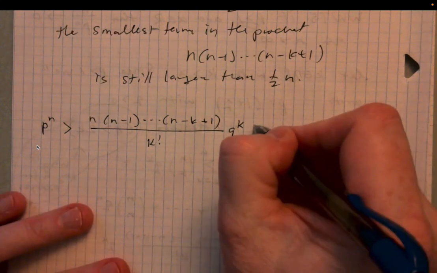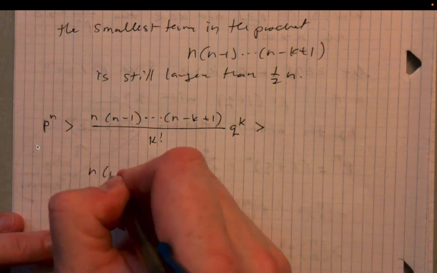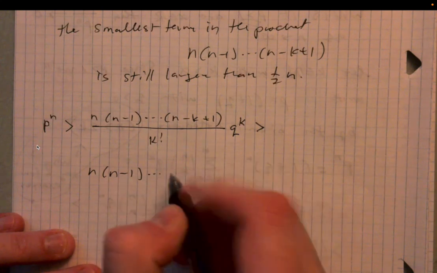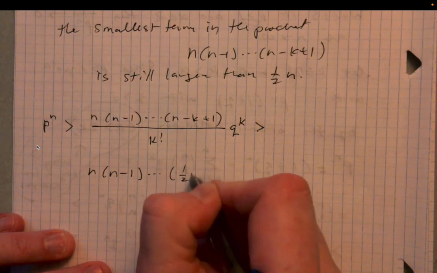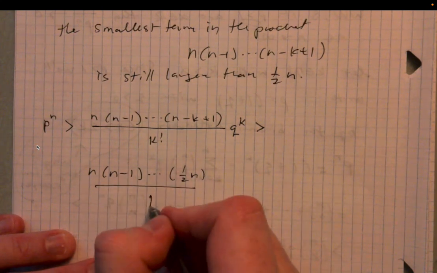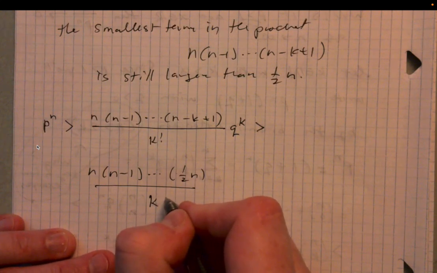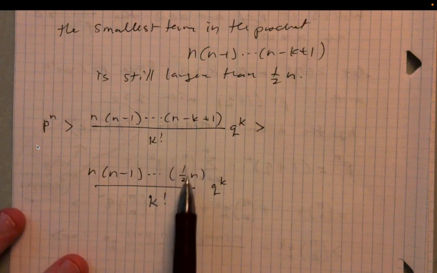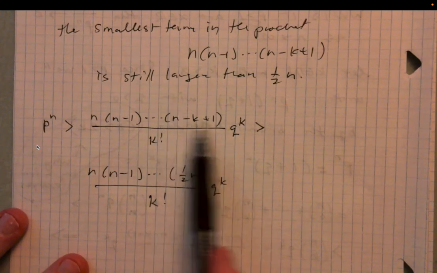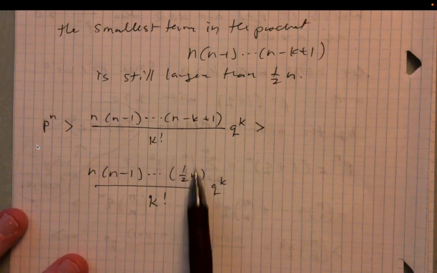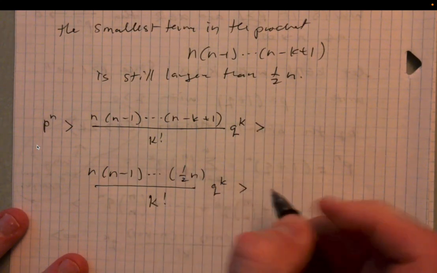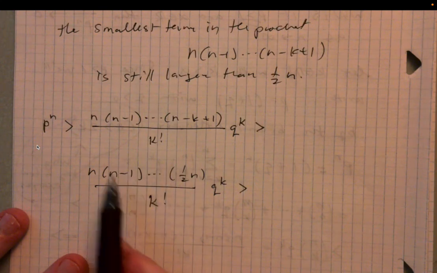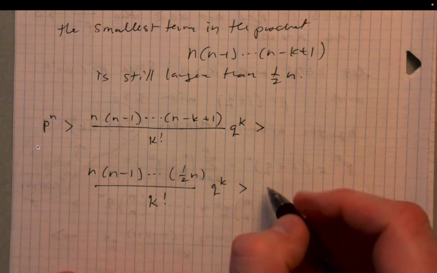Now this is certainly larger than n times n minus 1 dot dot dot times 1/2 n over k factorial times q to the k, because this n minus k plus 1 is larger than 1/2 n. That's what we just showed. Then we could continue on like this, subsequently replacing all of these terms with 1/2 n, and that's what we're going to do.